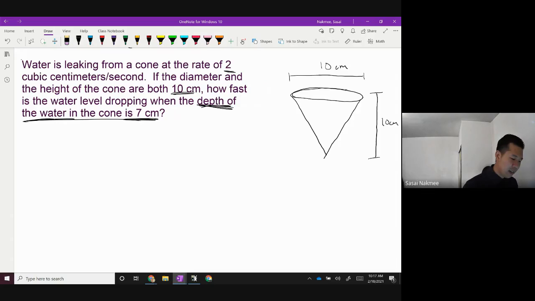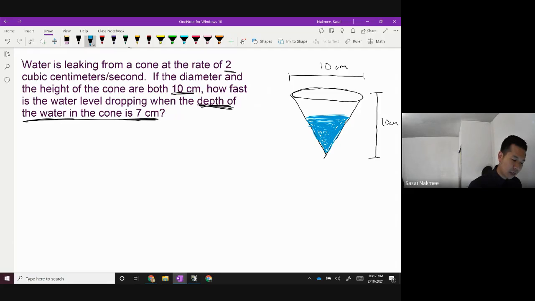Now, we know that this cone has some water right here, or something that has a volume in here, right? The volume in here is somewhat filled up to that line right there, which tells us that from here to here has a depth of 7, right?